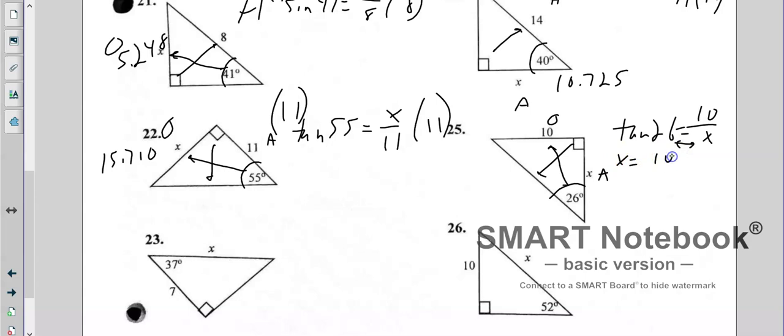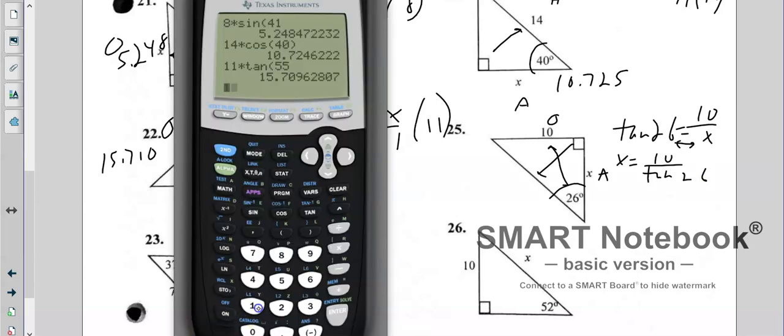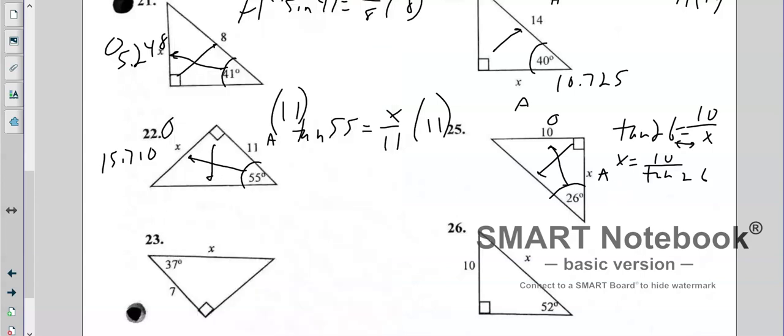X equals 10 divided by tangent of 26. So take our calculator and do 10 divided by tangent of 26. That's 20.503. That's x.